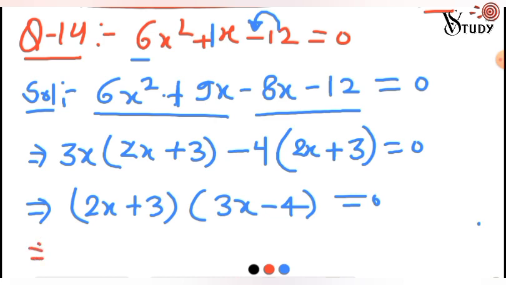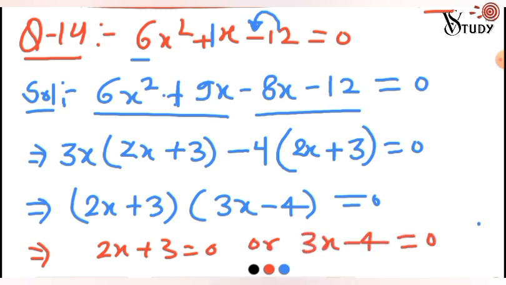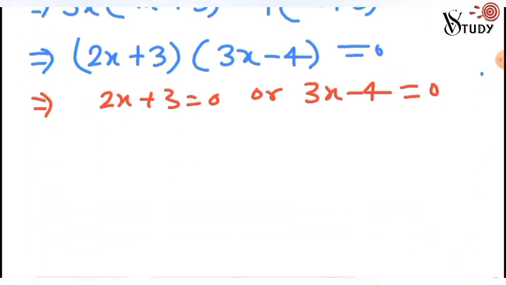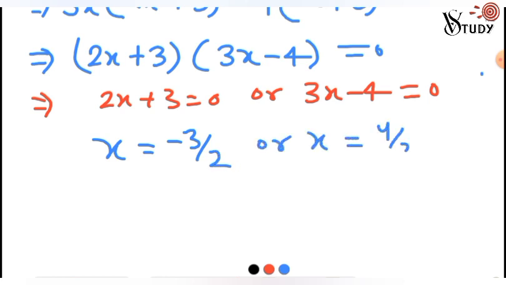Now put 2x plus 3 is equal to 0 or 3x minus 4 is equal to 0. Now x is equal to negative 3 by 2 or x is equal to positive 4 by 3.